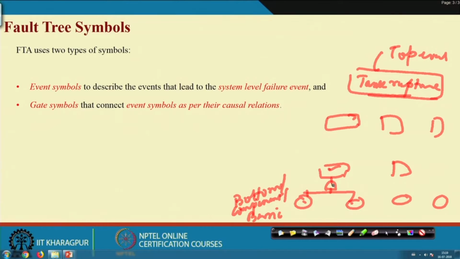This is an AND gate, we will see later on. This is a gate symbol, and now it is obvious that if I want to see why this event has occurred, then definitely these two events are responsible and the relationship is depicted by this gate. We will discuss in detail.